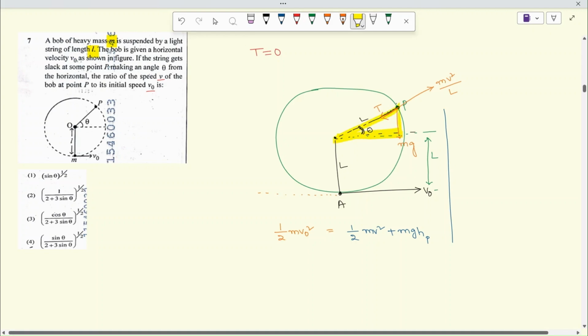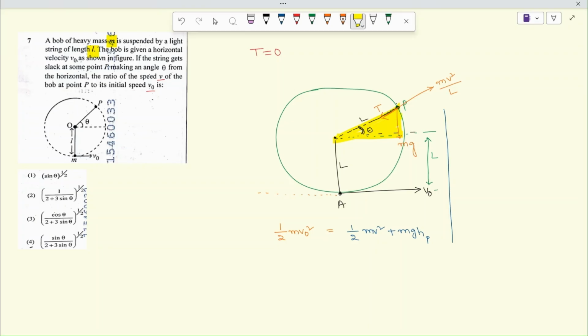In this triangle, you can see that this height, let us say L dash, is equal to L sine theta. Now, what is the total height? That HP is L plus L sine theta, that is L into 1 plus sine theta.